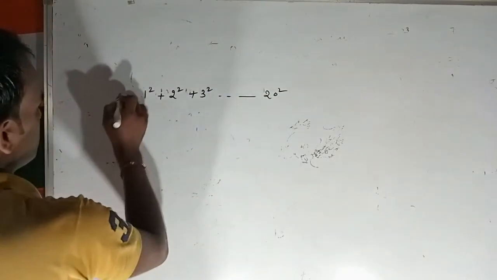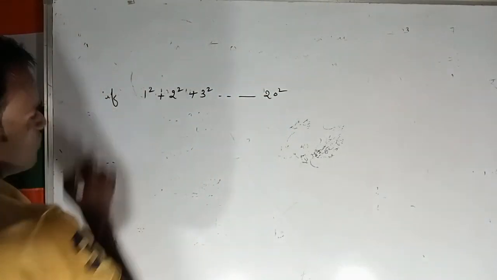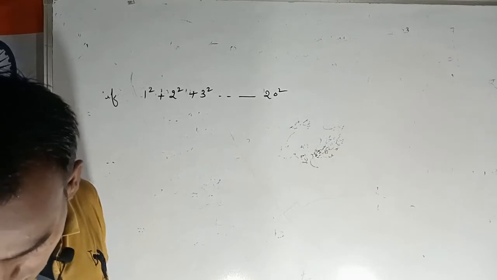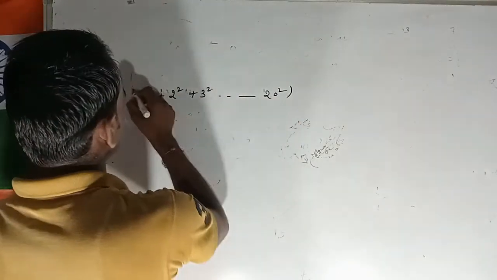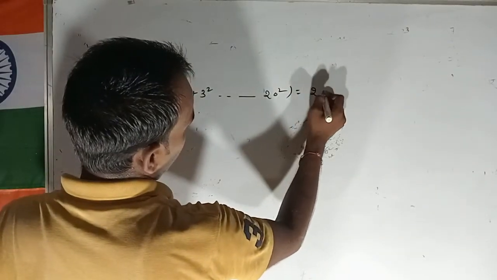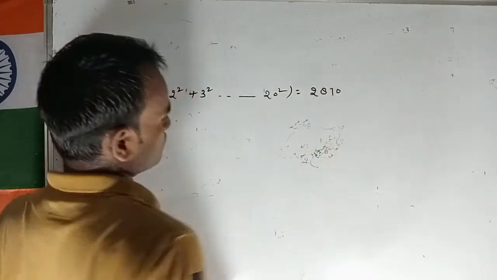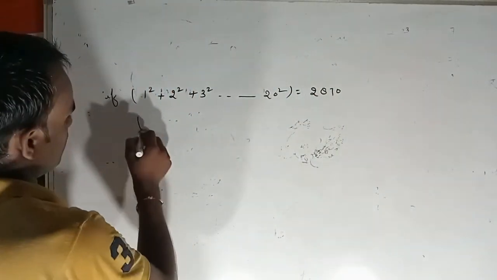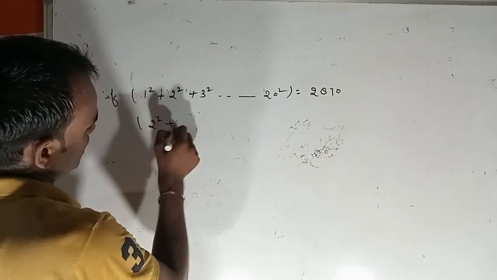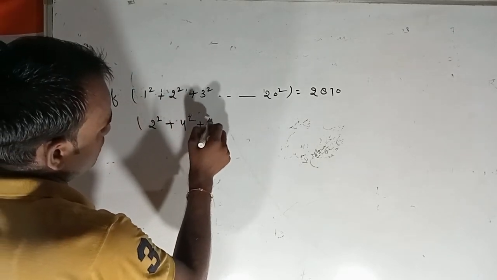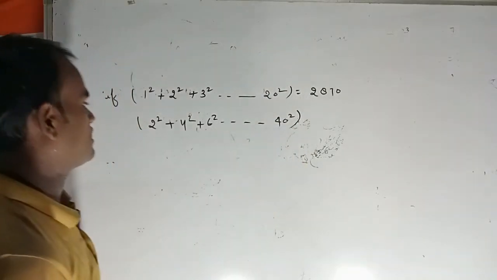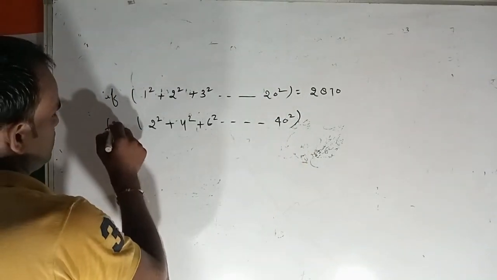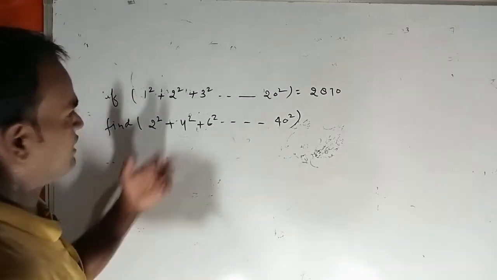If 1 square plus 2 square up to 20 square equals 2870, then what will be the value of 2 square, 4 square, 6 square up to 40 to the whole square? This we have to find, and this is given.